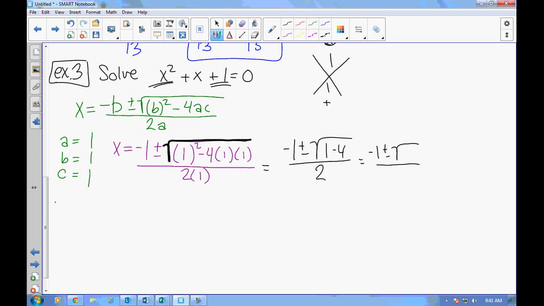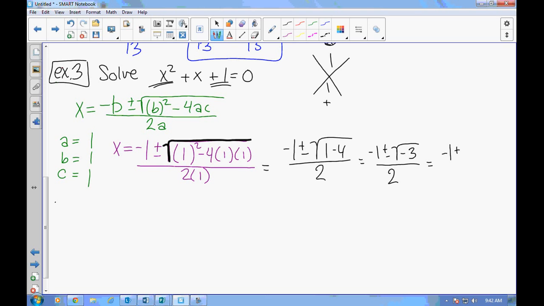What's our discriminant number? Negative 3. So it's a negative. So what type of solution should we get? 2 imaginaries.